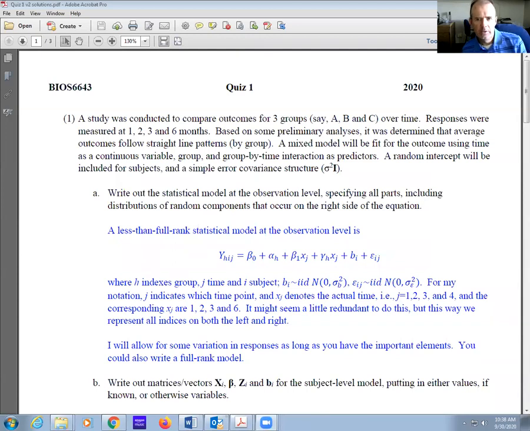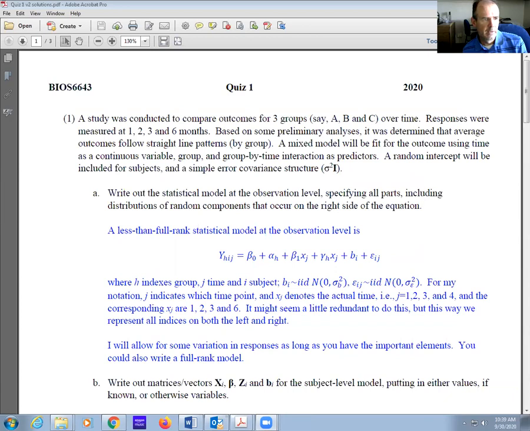The one point of confusion I think that people had was, the way I teach this course, there's three models of interest. There's the observation level, there's the subject level, and then there's the complete data level.